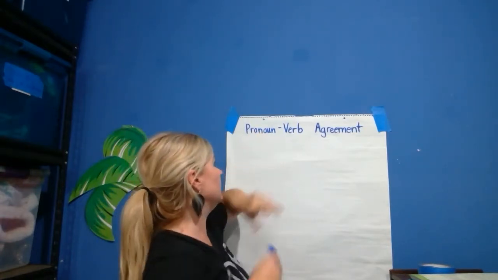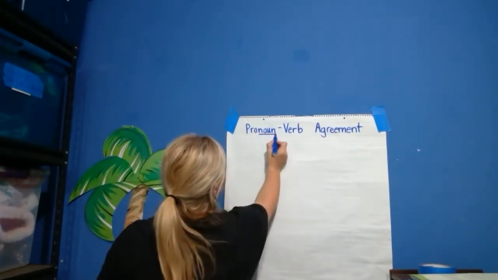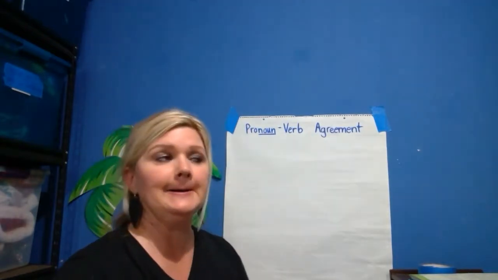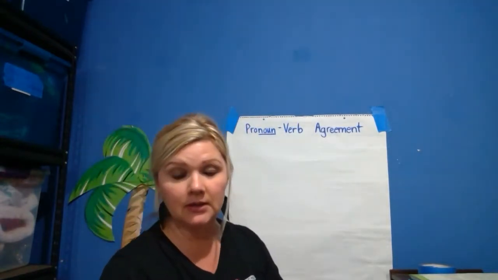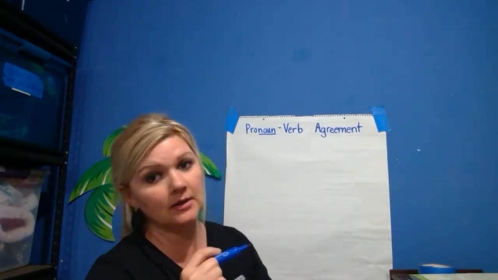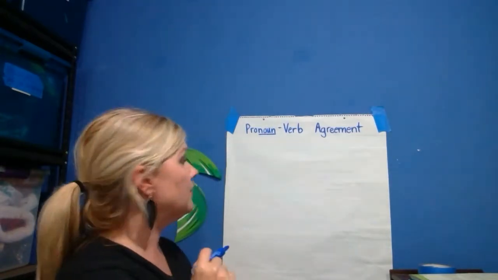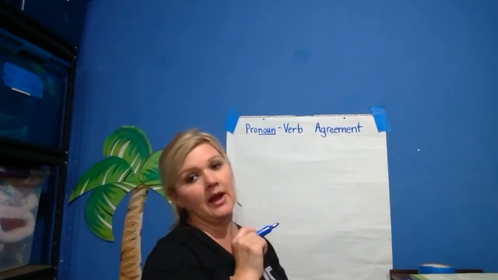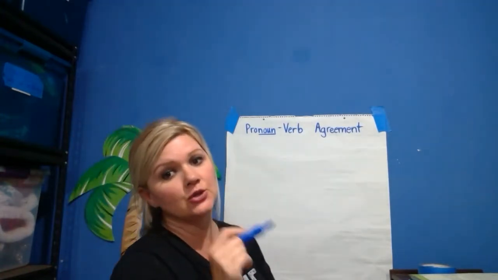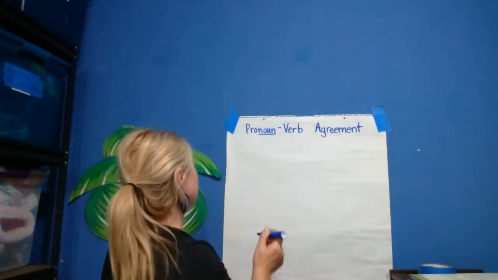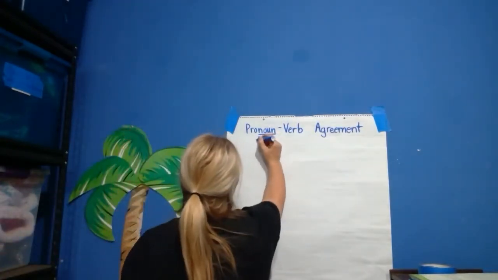There's a word in here that we know, and it's a noun. Hopefully you do remember it. Nouns are what? It's a person, a place, a thing, an animal. So a pronoun replaces the name of a noun with he, she, it, those kind of words. So let's define that.